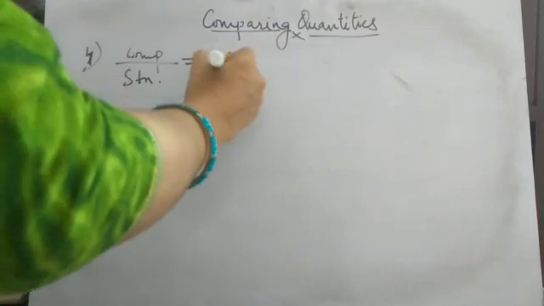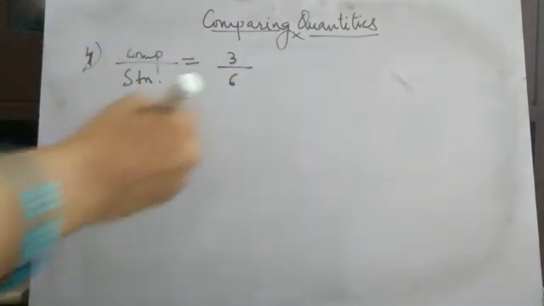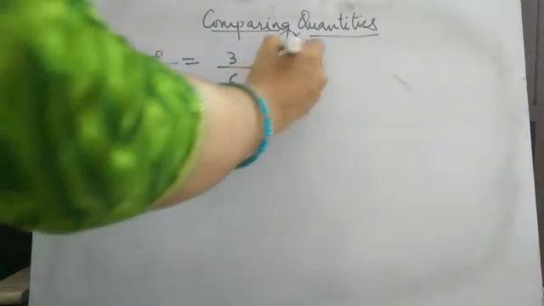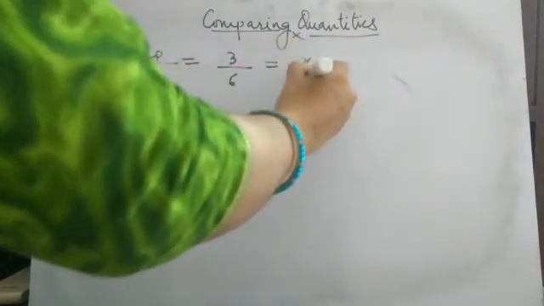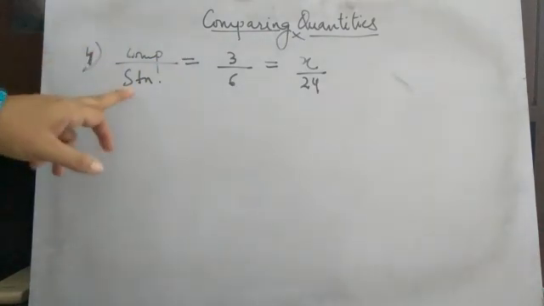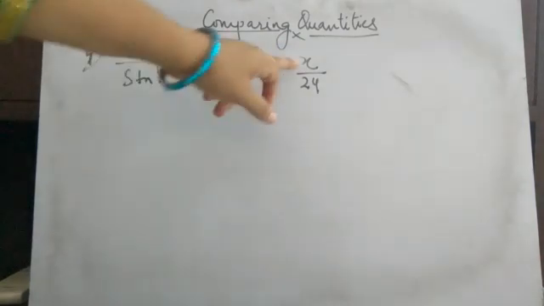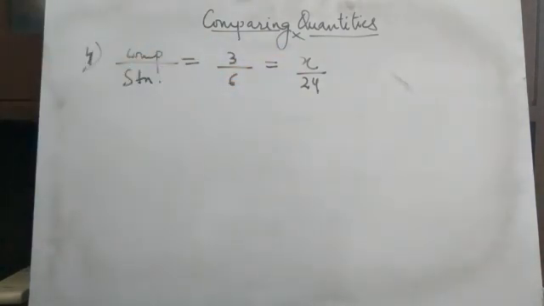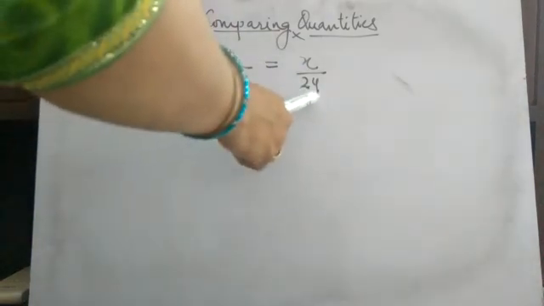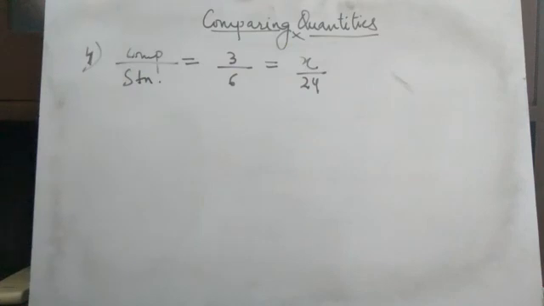If there are 3 computers, the students are 6, and you have to find out how many computers will be needed if the students are 24. This is how we solve such problems. We write what the ratio is about, and in front of them we put the required quantities. If there were 6 students, the computers were 3. If there are 24 students, how many computers will be there?